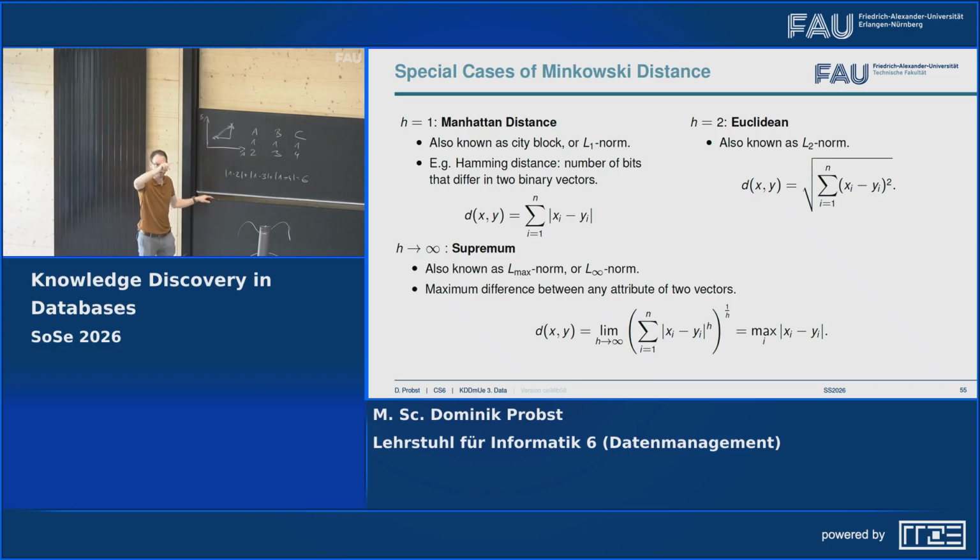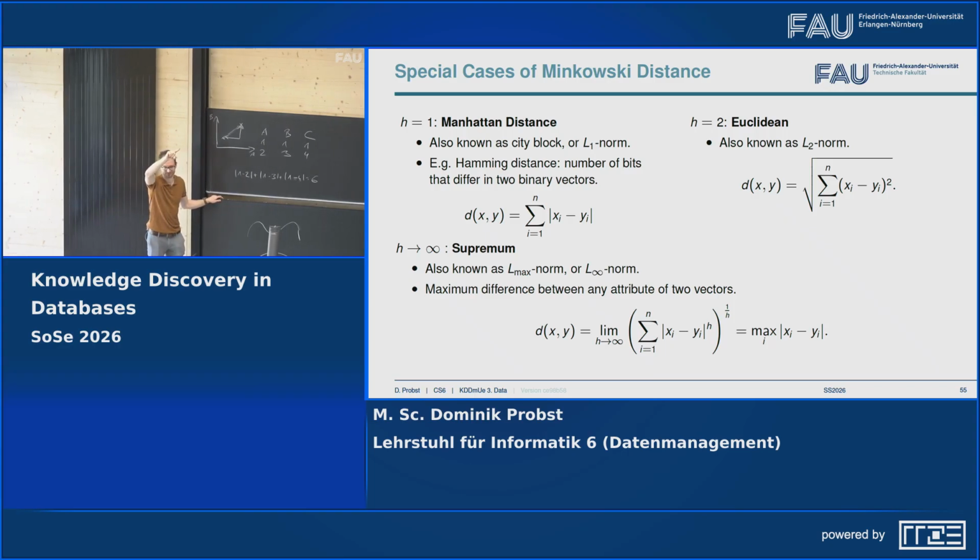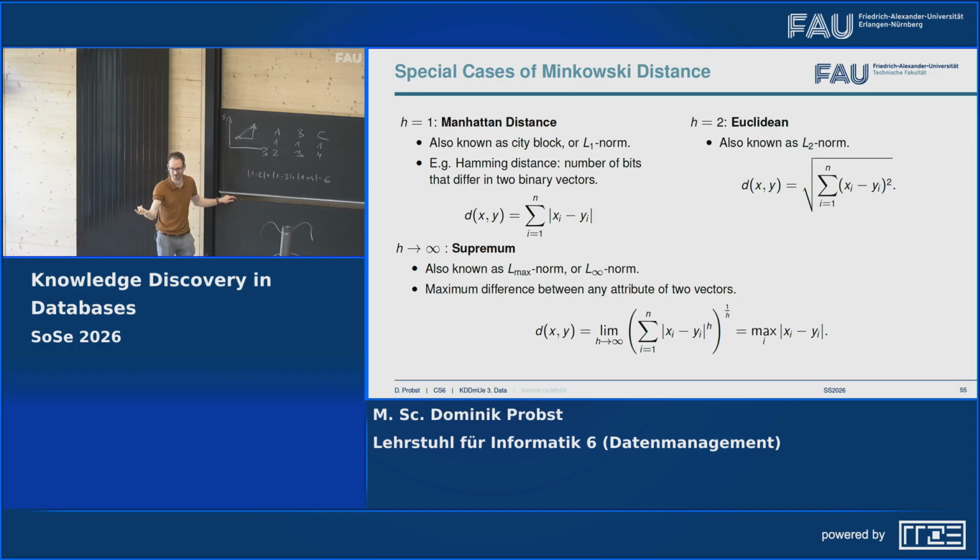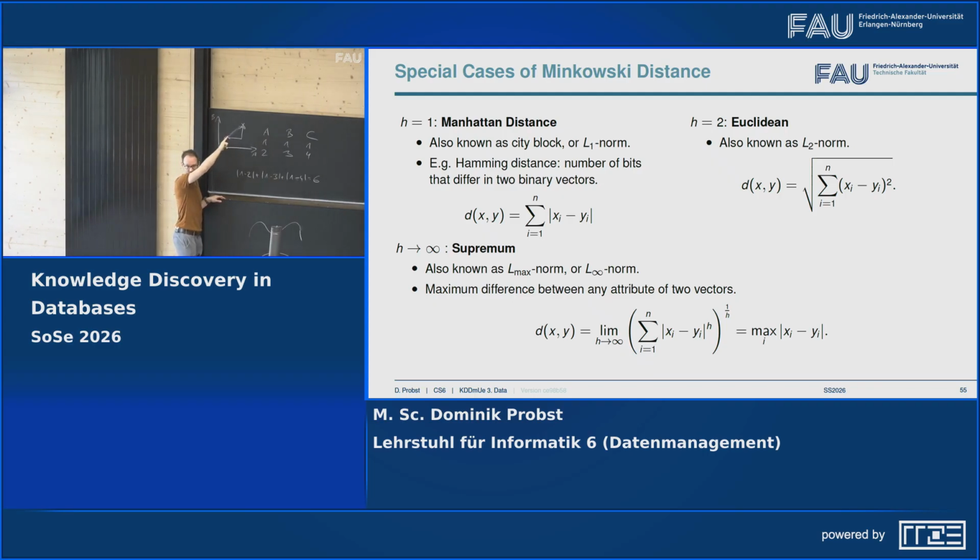So we would go around a city block. And that's why it's called Manhattan distance. Because we do not compare the straight line, but we have to go around a city block. And Manhattan is famously consistent of rectangular city blocks, so it's called Manhattan distance. And basically, that's how the Manhattan distance works.